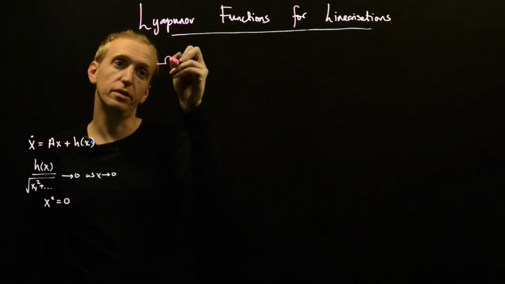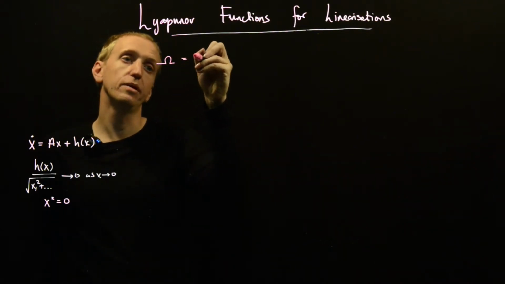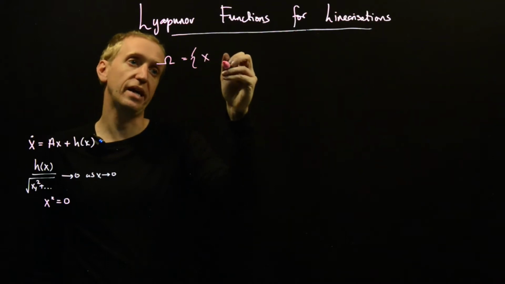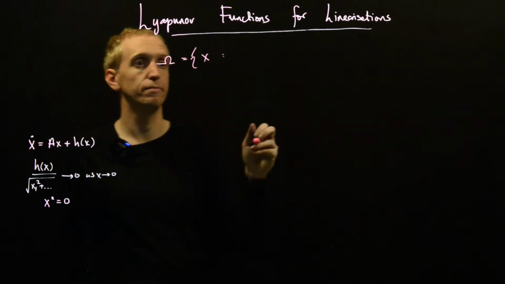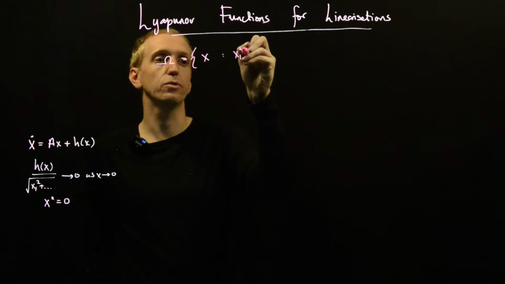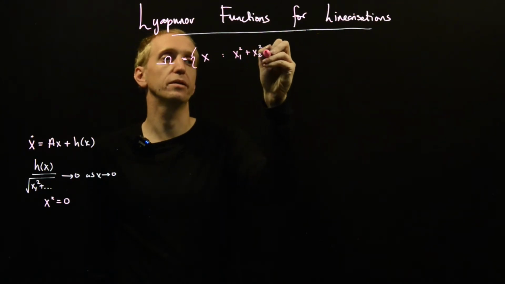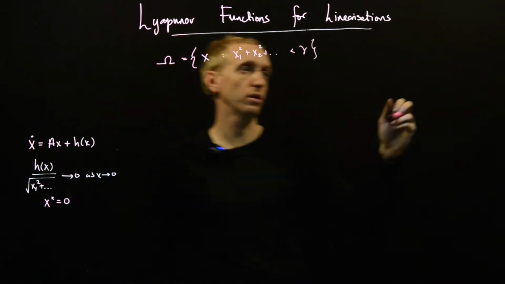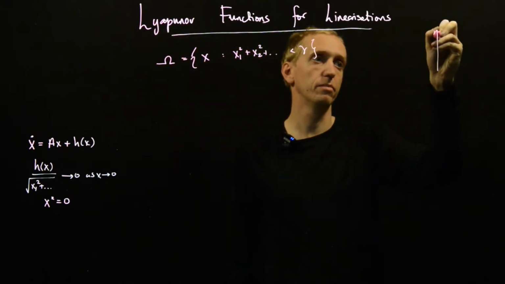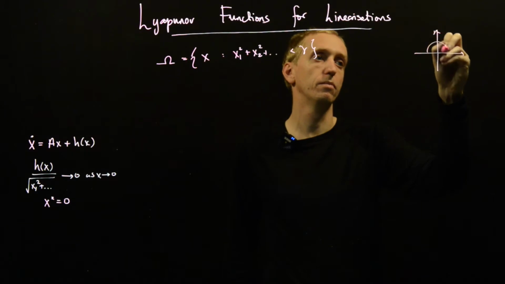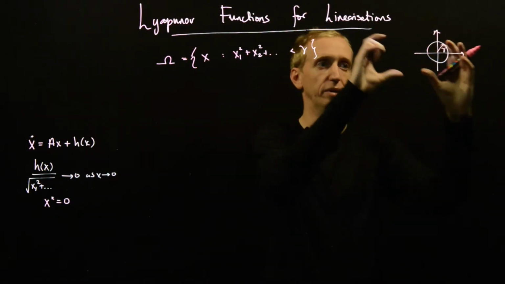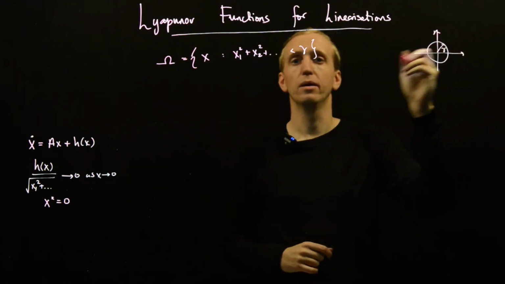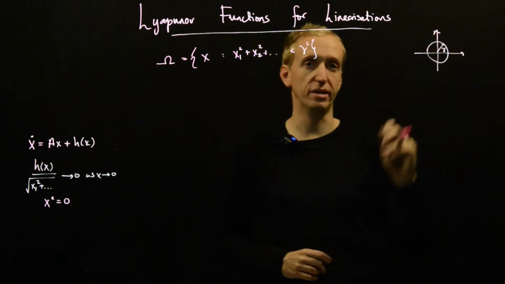We're going to use as our region omega the set of points x such that x1 squared plus x2 squared, and so on, is less than gamma. So we're just going to look at some ball. If this was 2D, this would just be the set of points inside a circle of radius gamma.